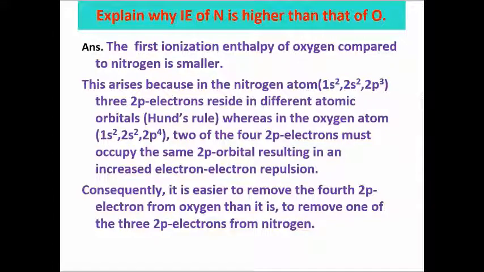The electron which is very easy to remove is the 2p4 electron. Why? Because in the 2p orbital there is increased electron-electron repulsion, and consequently it is easy to remove the fourth electron in the 2p of oxygen.